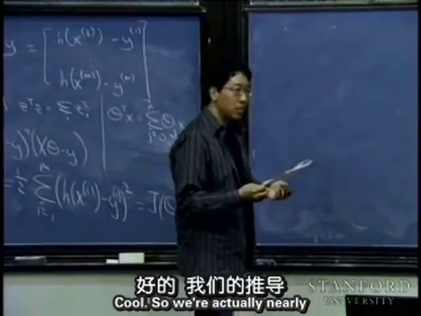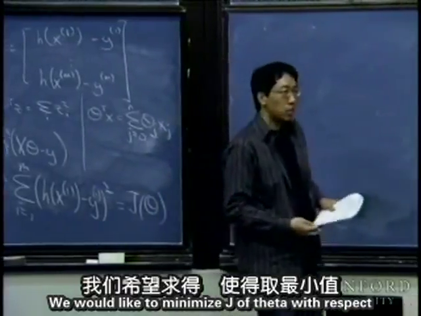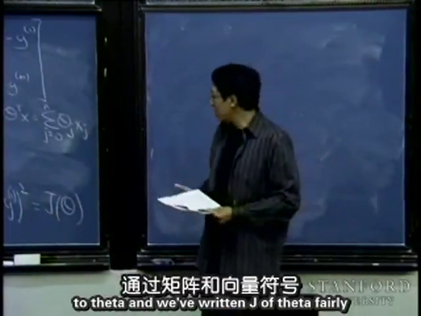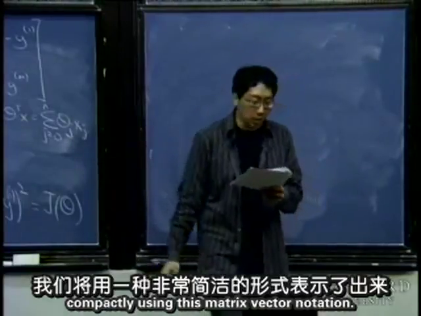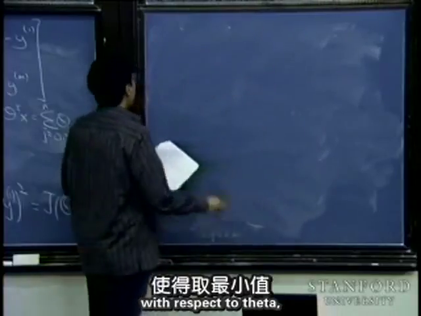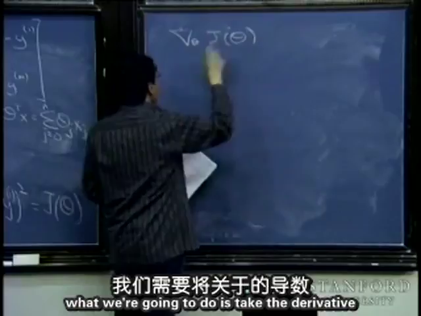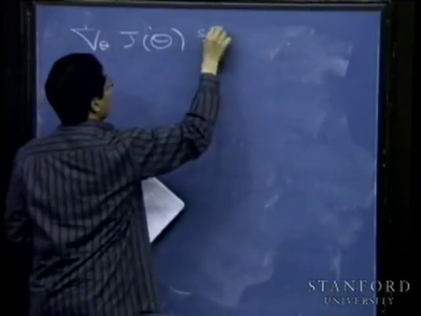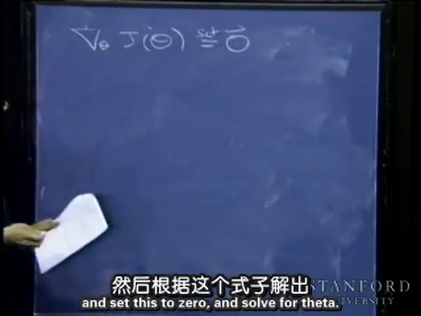So, we're actually nearly done with this derivation. We'd like to minimize J of theta with respect to theta. And we've written J of theta fairly compactly using this matrix vector notation. So in order to minimize J of theta with respect to theta, what we're going to do is take the derivative with respect to theta of J of theta and set this to 0 and solve for theta.